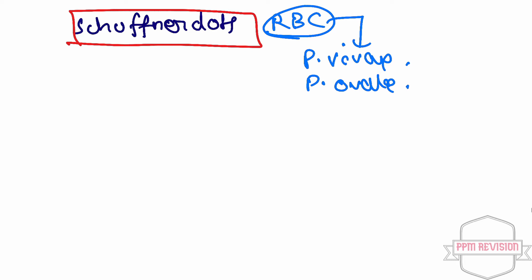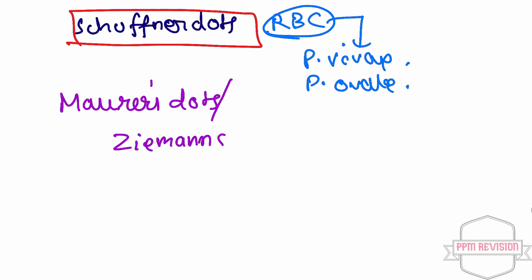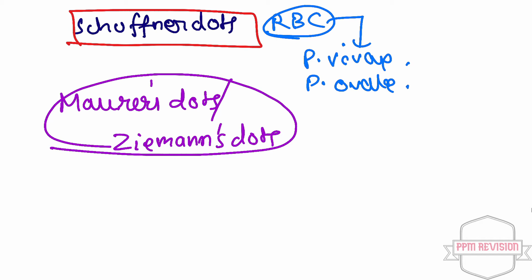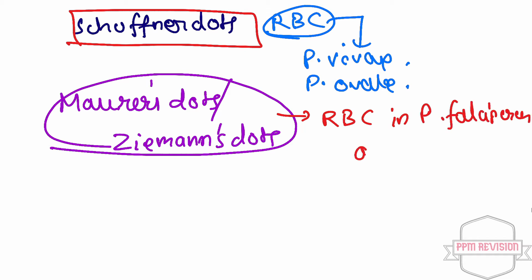Moving ahead, the other dots that can be seen are Maurer's dots and Ziemann's dots. These dots are seen in RBCs in Plasmodium falciparum and Plasmodium malariae.